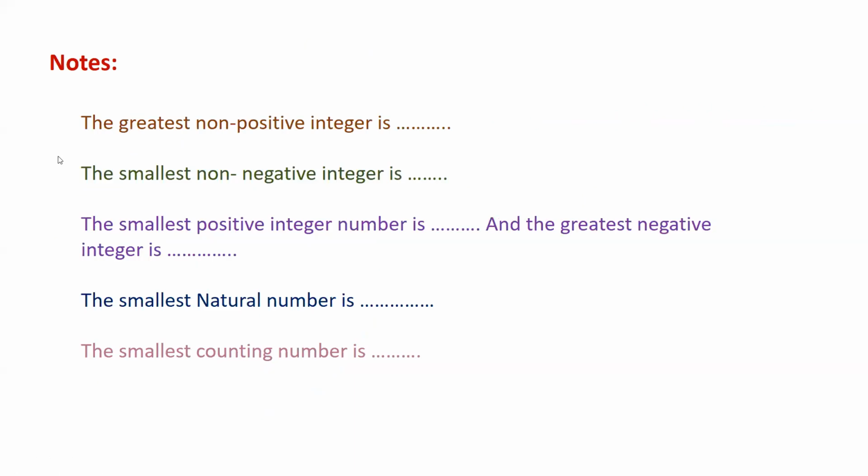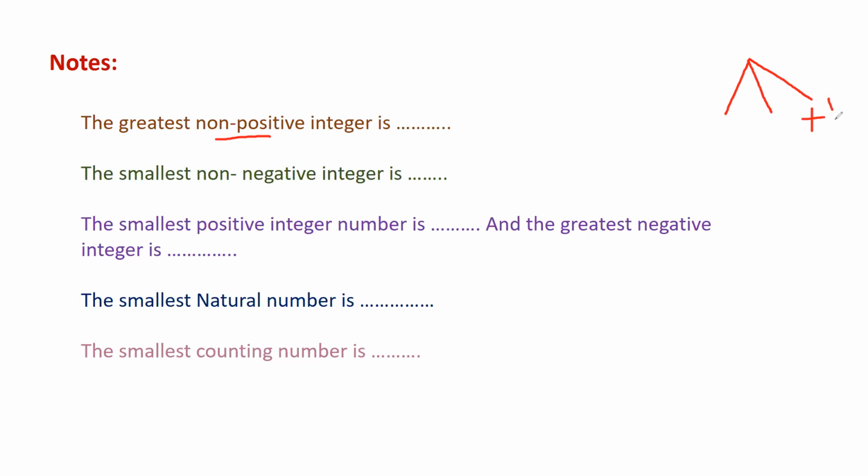Let's remember these notes together. What is the greatest non-positive integer? We said, what is the meaning of non-positive? Non-positive is any number that is not positive. The numbers are divided into 3 parts.